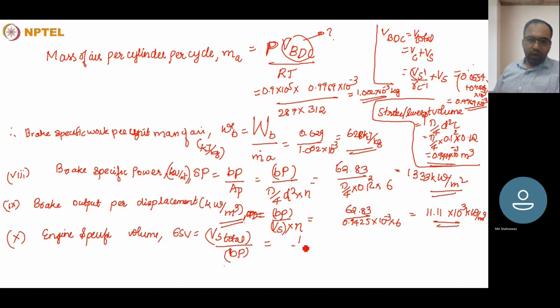So this will be the reciprocal of the brake output per displacement, 11.11 into 10 cube, which is 0.09 into 10 power minus 3 meter cube per kilowatt.